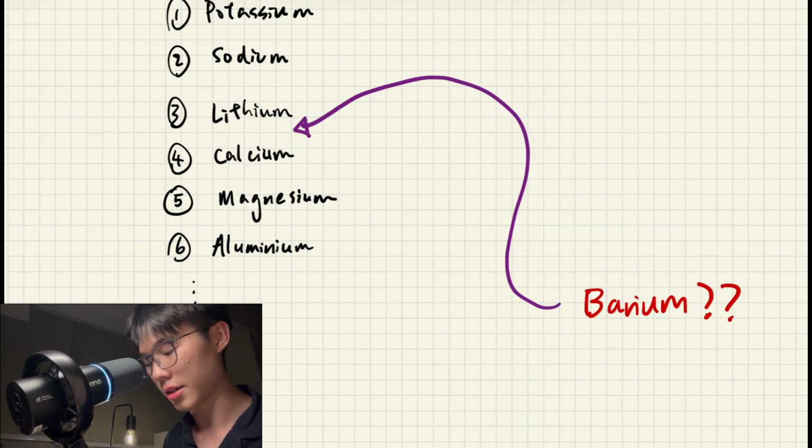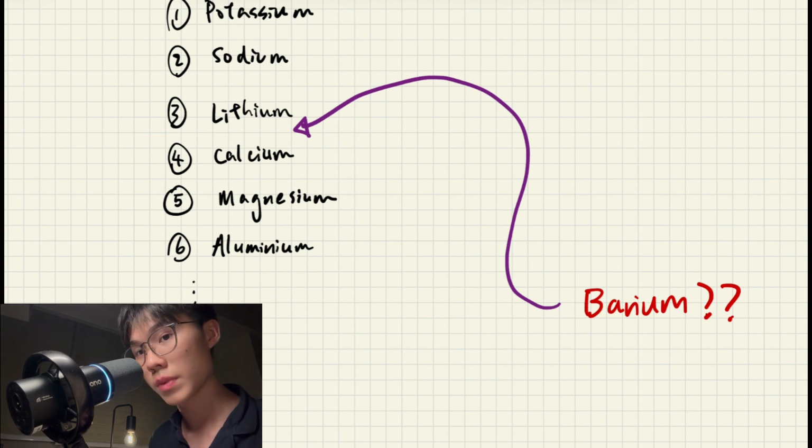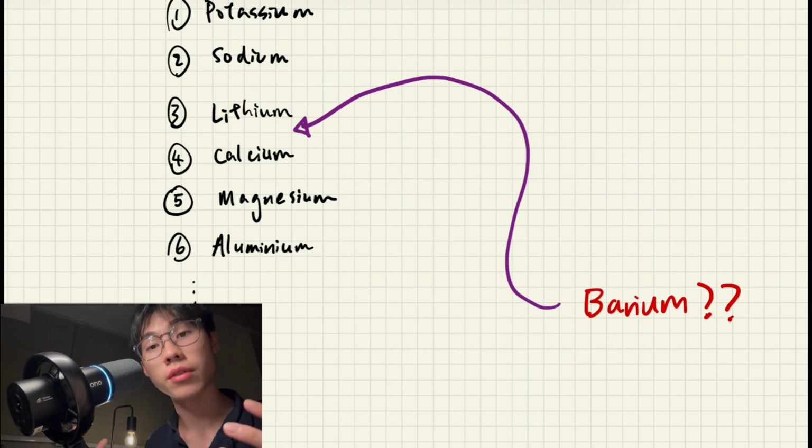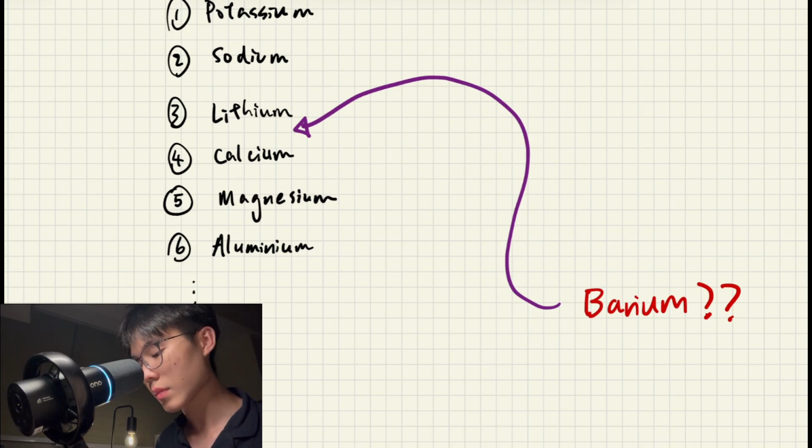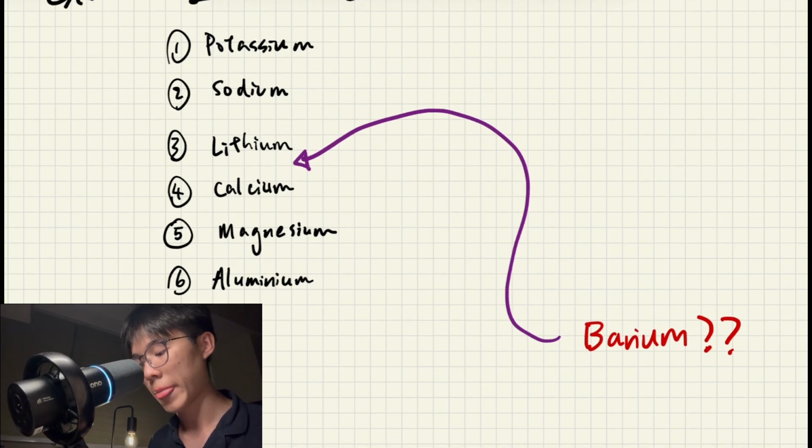The reason is that barium is group 2. It needs to form a +2 ion in order to become stable, because after it loses 2 electrons, it will have a full outer shell. So it cannot have a greater reactivity than group 1 metals, because they only need to remove 1.